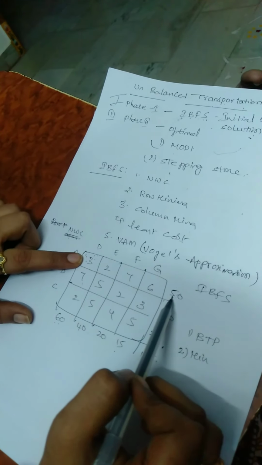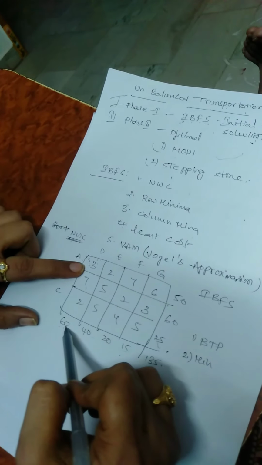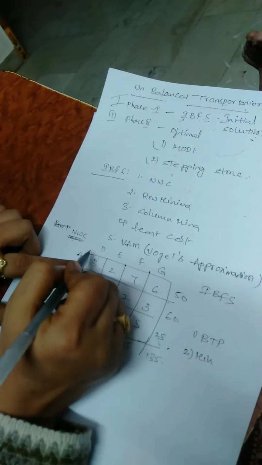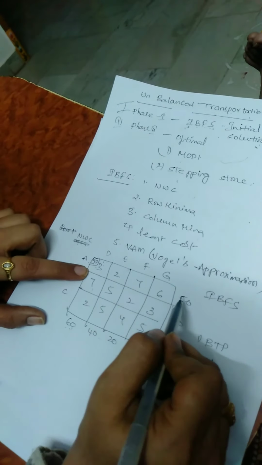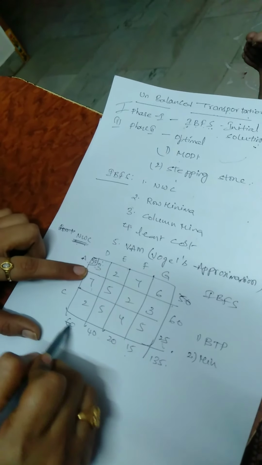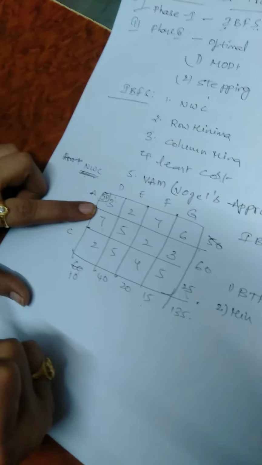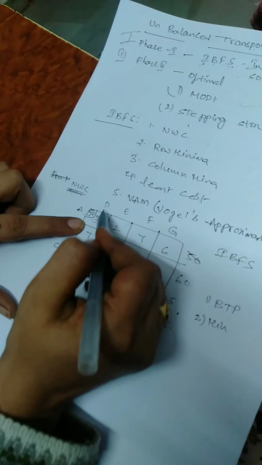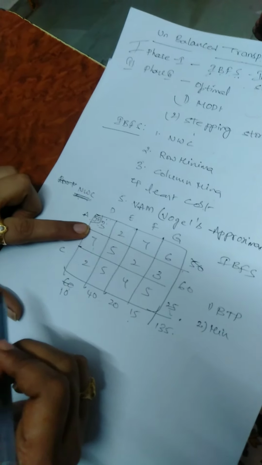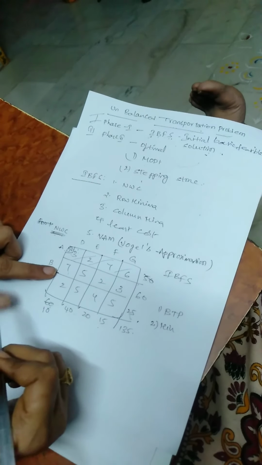Here the supply at origin A is lesser than the demand. Therefore allocate 50 units to this cell and strike off this 50, and here still 10 more units are demanded at the destination D, and strike off this row.